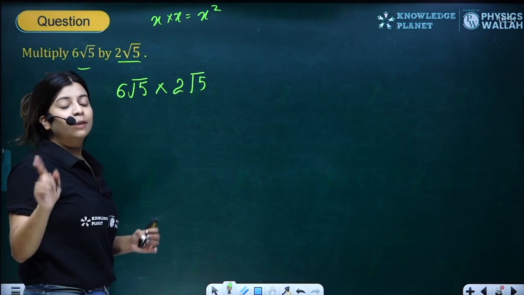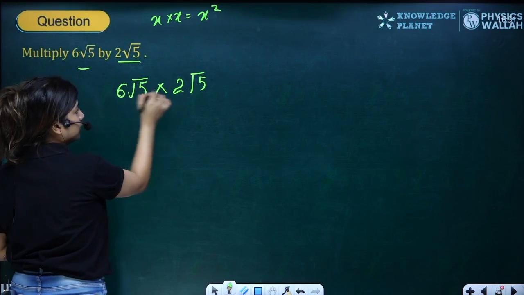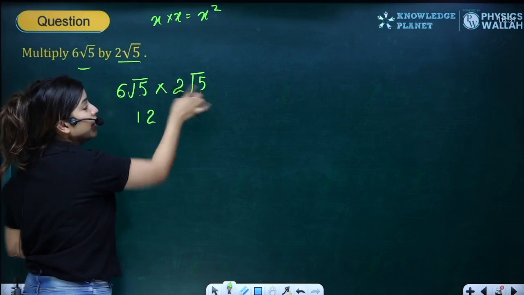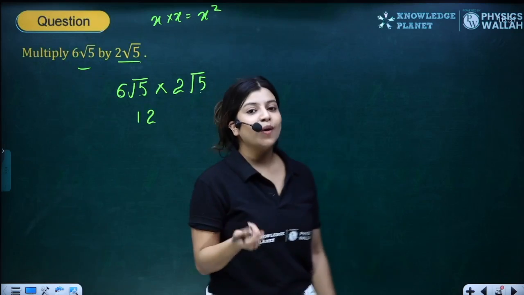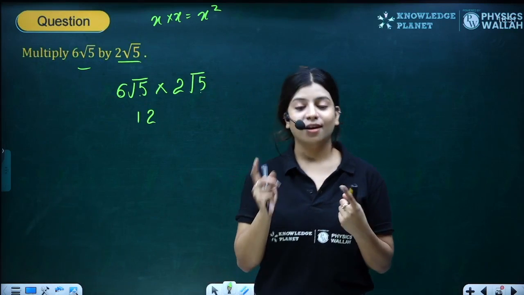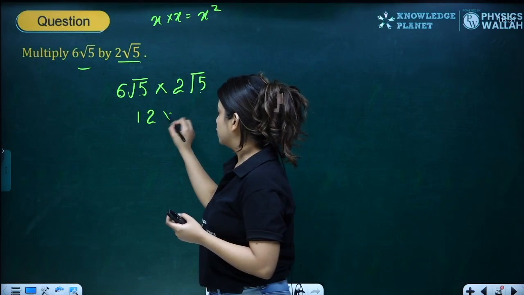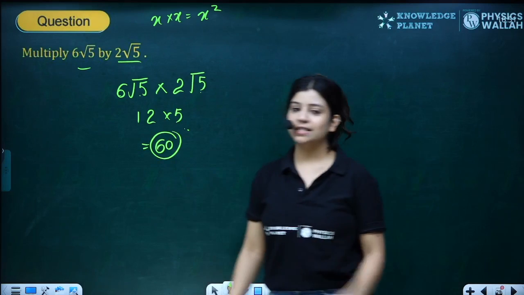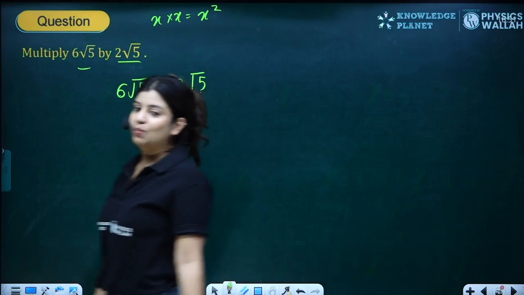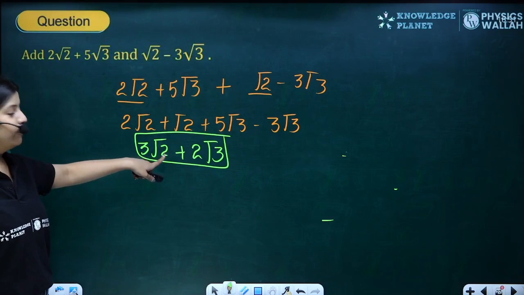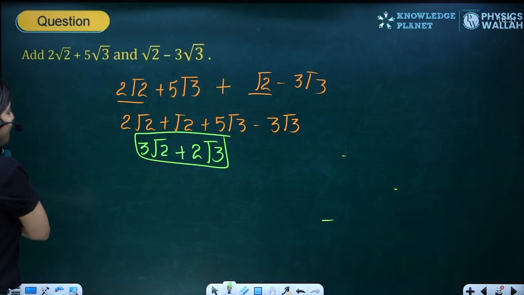Firstly, we multiply the normal constant numbers, 6 into 2, that is 12. Then I multiply root 5 into root 5, like x into x, x square. Root 5 into root 5, root 5 square, that will give you 5. So 12 into 5, the answer will come out to be 60. So this is how you multiply and this is how you add them up. In addition, you have to take care of this, but not in multiplication.